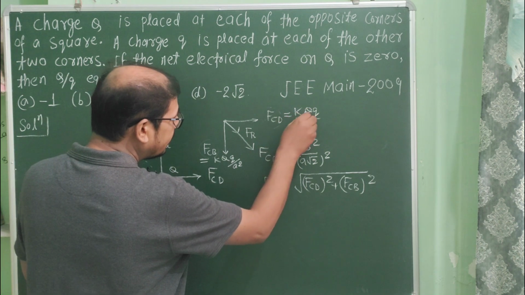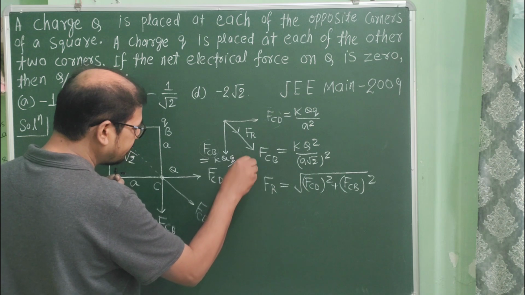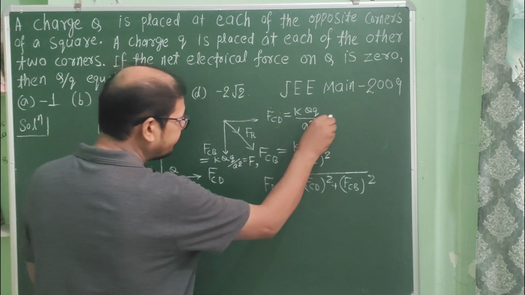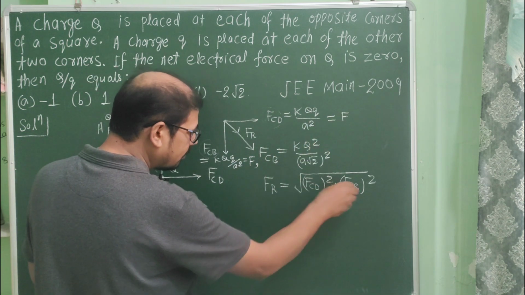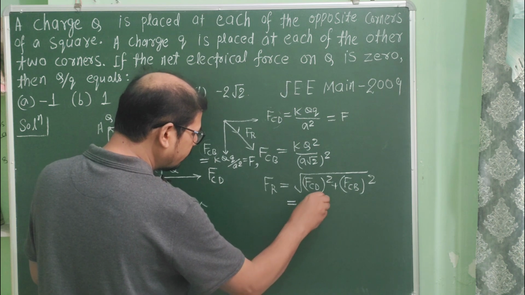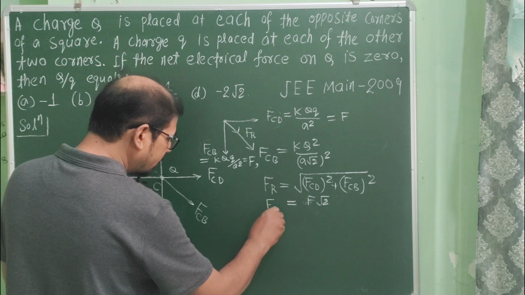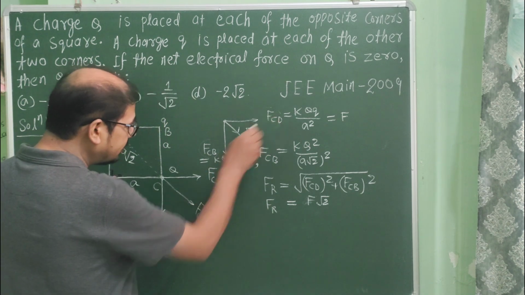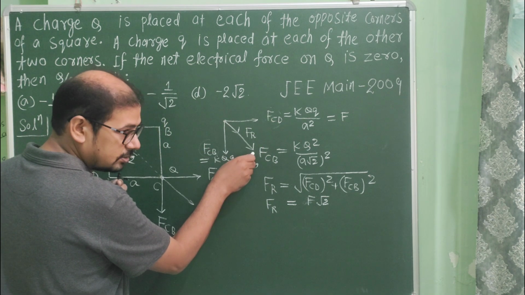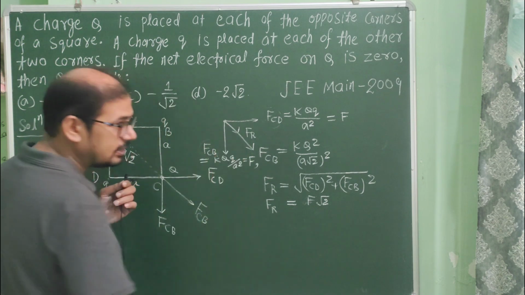Now, KQq divided by a square, also KQq divided by a square. We consider F, so F square plus F square is equal to F root 2. The resultant of this vector and this vector is along this, and CB is also in this direction.